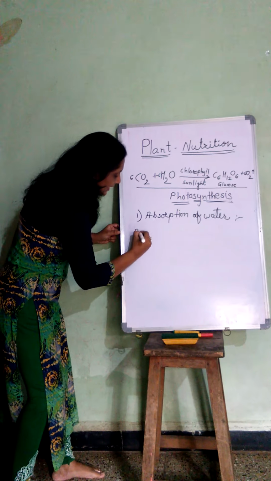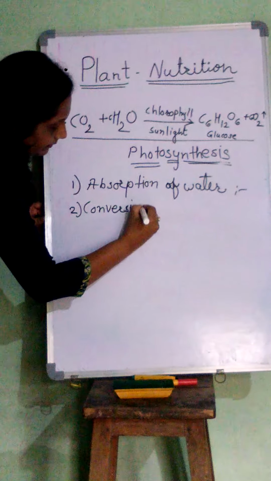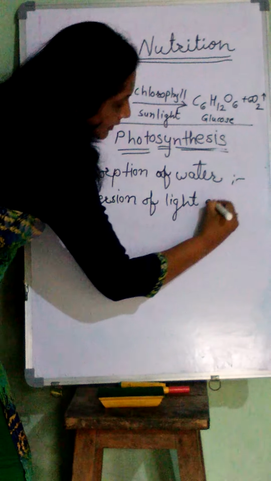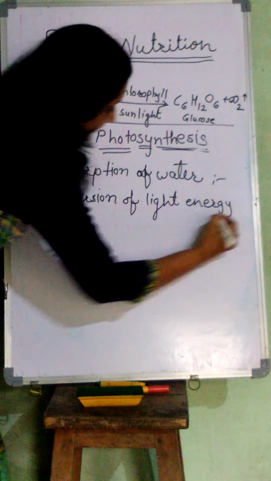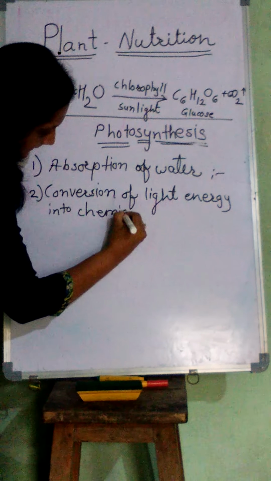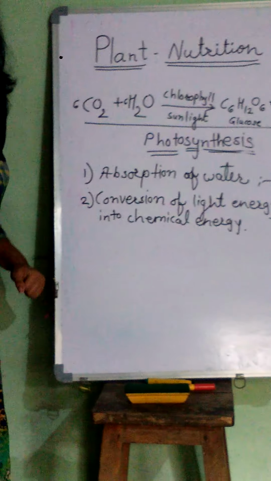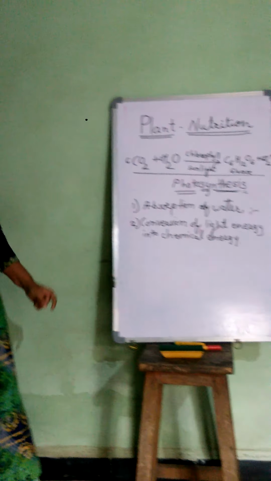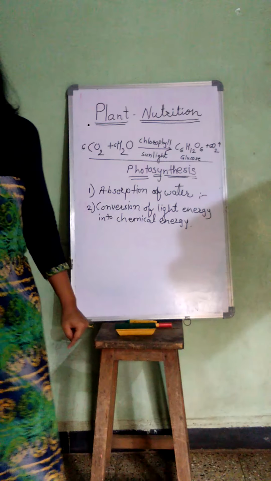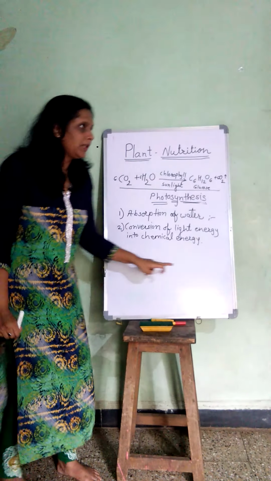Then the second step is conversion of light energy into chemical energy. In this process, the conversion of light energy into chemical energy takes place.